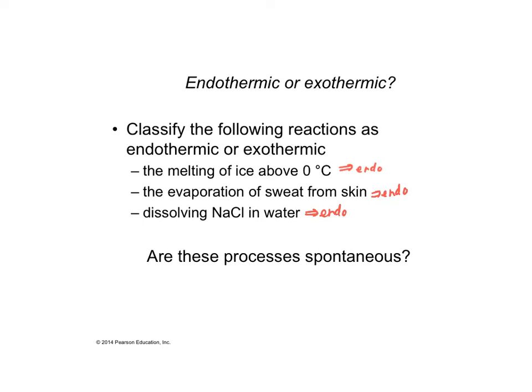They're all endothermic, unfortunately. So because of that, guess who's not going to be our chemical potential energy? Enthalpy is not going to be our chemical potential energy, right? If it was, then all exothermic processes would be spontaneous, all endothermic processes would be non-spontaneous. We have just identified 3 things that are spontaneous and endothermic, okay?